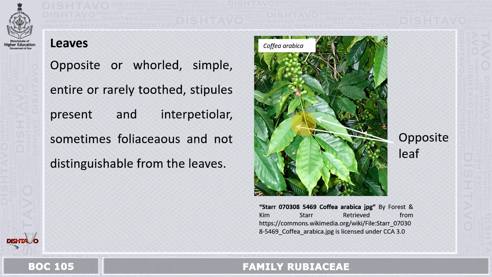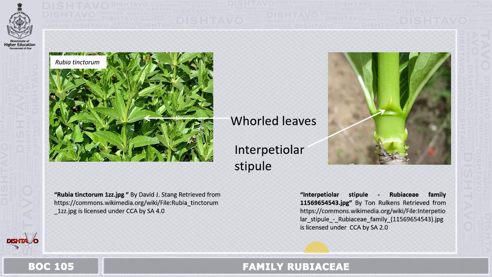On this slide, you all can see the arrangement of leaf, which is opposite, wherein two pairs of leaves arise at the nodal portion, which is seen in case of Coffea arabica. You all can see in Rubia tinctorum the whorled arrangement of leaf, whereas in members of Rubiaceae, you come across a distinct feature, that is interpetiolar stipule.